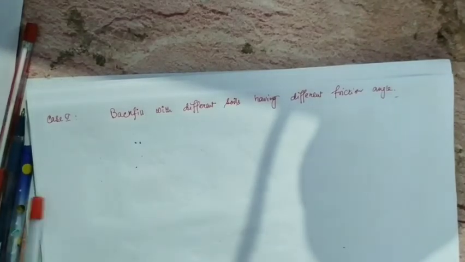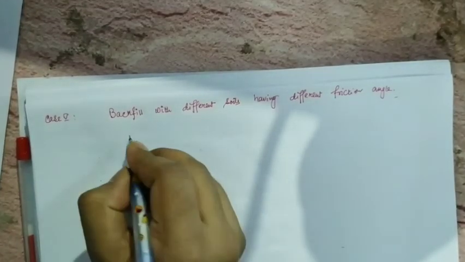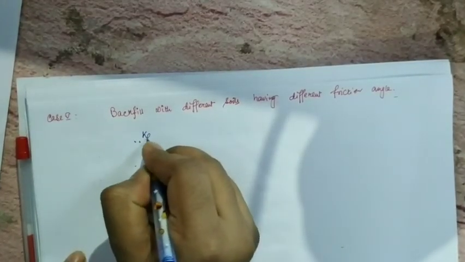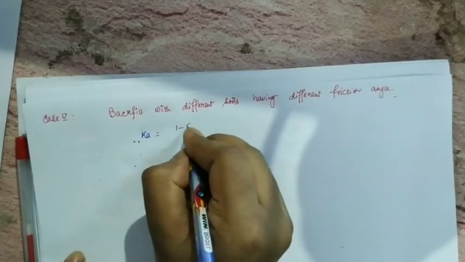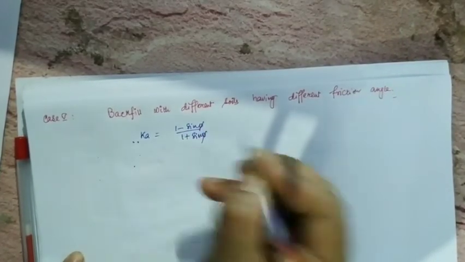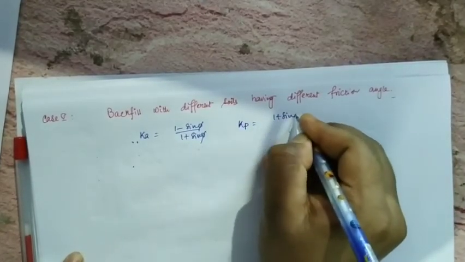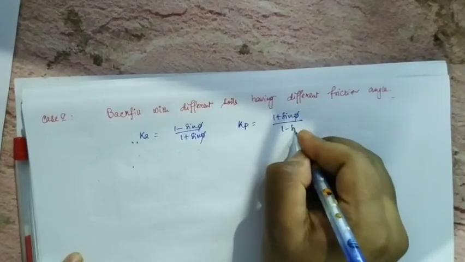So now look, because the coefficient of earth pressure is related to the angle of internal friction, what is the value of the coefficient of active earth pressure? It was 1 minus sin phi by 1 plus sin phi. And what about Kp, passive earth pressure? 1 plus sin phi by 1 minus sin phi.